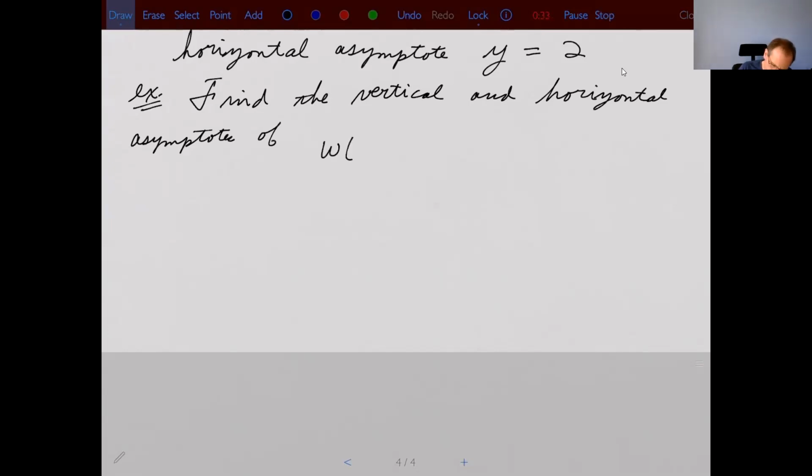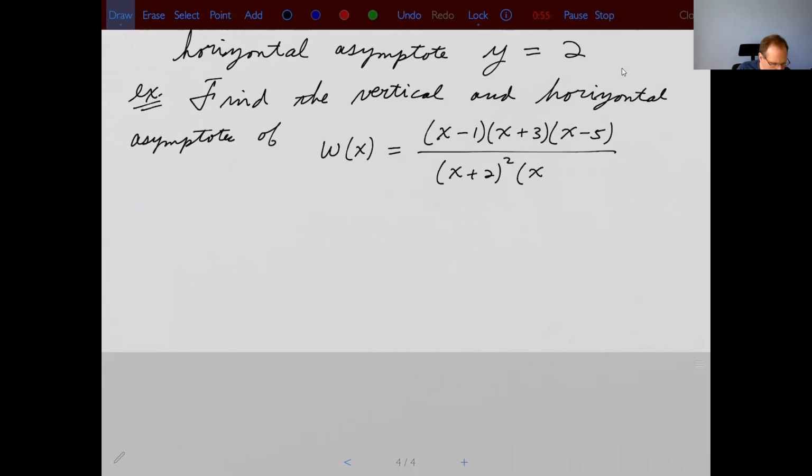I'll call it w. W as a function of x equals x minus 1 times x plus 3 times x minus 5 over x plus 2 squared, and then x minus 4.